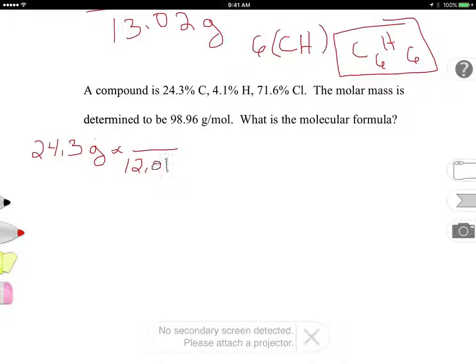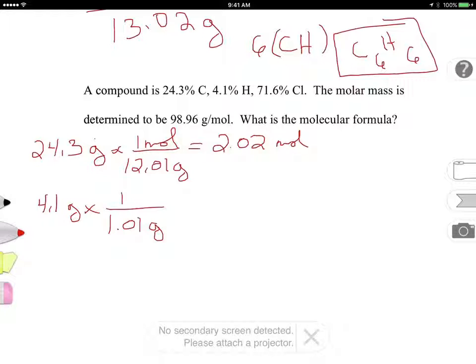Carbon is 12.01 grams, going to 1 mole. 2.02 moles. Next one is the hydrogen, 4.1 grams, going to, hydrogen is 1.01 grams, going to 1 mole, and we're going to get 4.1 moles.